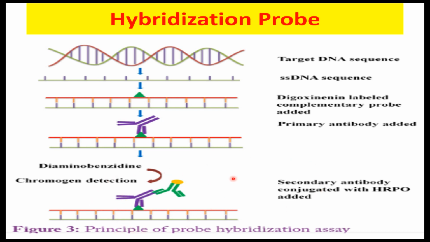Remember, whenever we use a probe, it is used for visualization. For visualization, we need the probe, the primary antibody, and the secondary antibody along with the enzyme horseradish peroxidase. And then we fix all this onto the probe, and a particular segment of DNA is visualized.